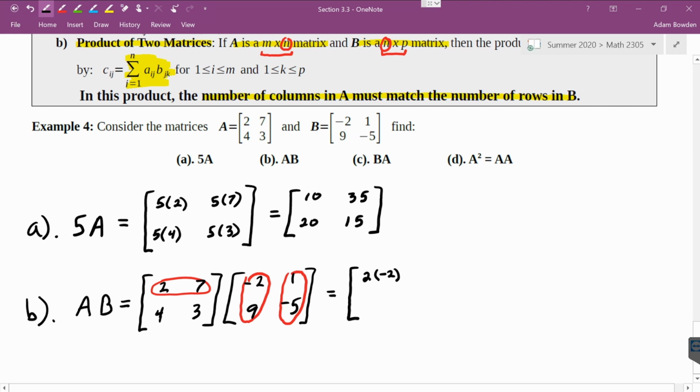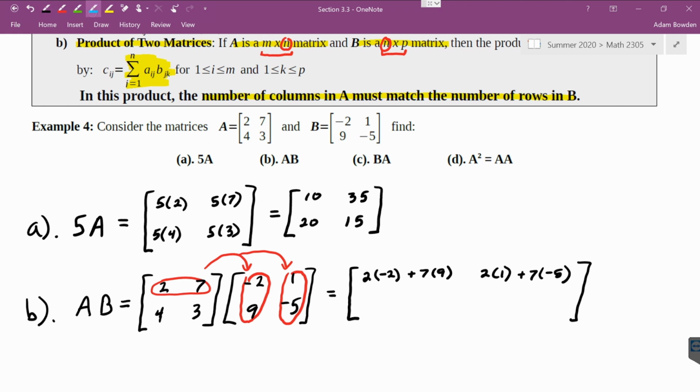And then I'm going to multiply the 7 and the 9 together, but I'm going to add those to the first product. So it'd be plus 7 times 9. That's the first entry. Now I'm going to do the same with the second column. It's going to be 2 times 1 plus 7 times negative 5. So those are going to be the first two entries in the product matrix that we get as a result.